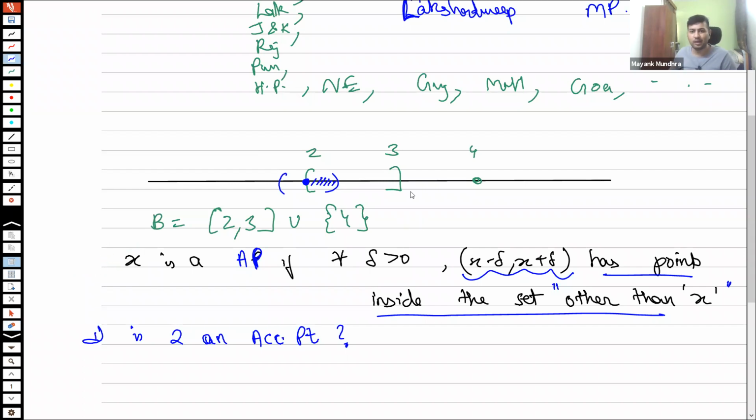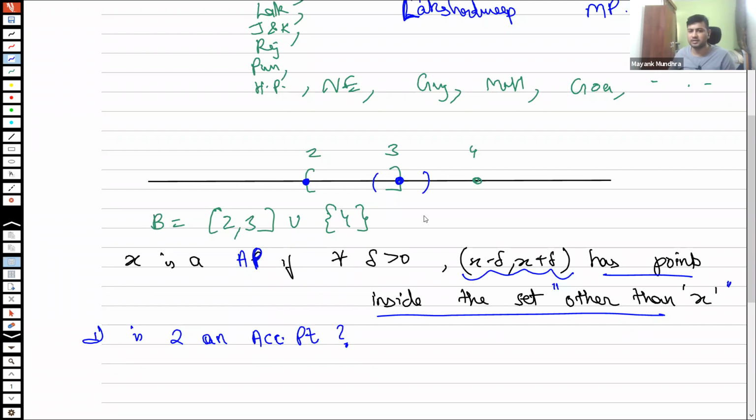Okay, so next I want to ask Kashish. Kashish, do you think point 3 is an accumulation point? No, sir. Why no? So same as you said here, inside the X apart from X, as this is a point of accumulation, if we do X minus delta and X plus delta, then if X is 3, then this won't be a point.